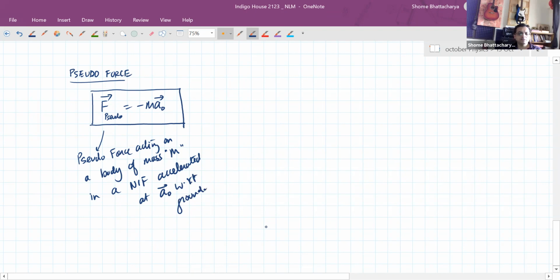Any body which is placed inside a reference frame like this, which has an acceleration of a naught with respect to ground, experiences this kind of pseudo force. So let's understand that in the context of this example now.